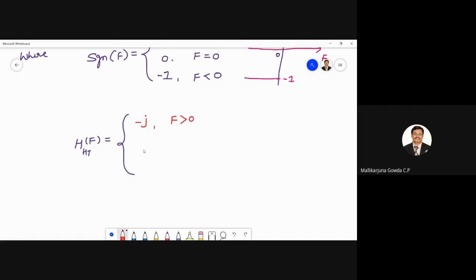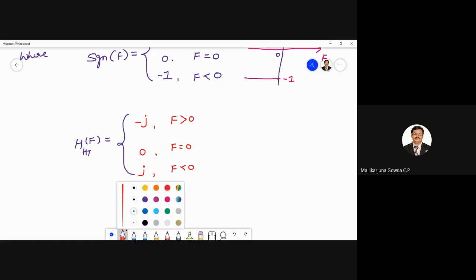It will be 0 at f equal to 0, and for f less than 0 it will be minus j into -1, so minus into minus is plus, it will be plus j. So this is the Fourier transform of the impulse response of the Hilbert transform.